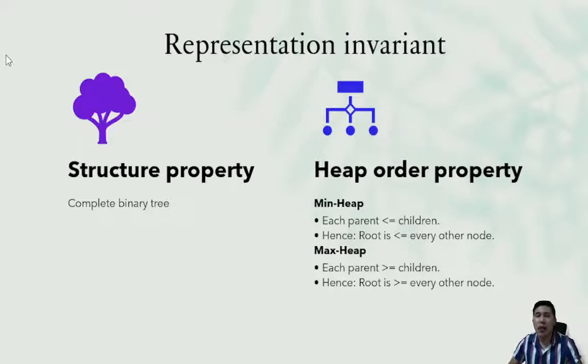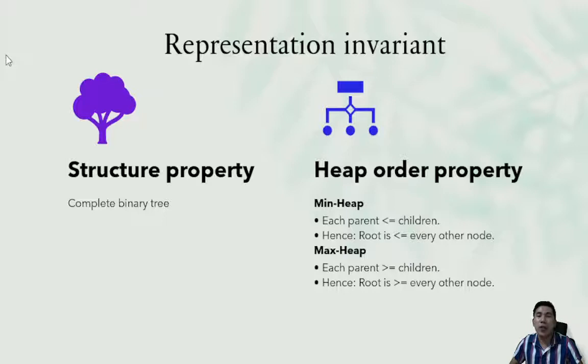Now, the other property of a priority queue is that it should follow the heap order property. So what is this heap order property? It depends on what we are going to achieve. We actually have two types, the min heap and the max heap. The min heap property of a binary heap means all the parents must be less than or equal to their children.